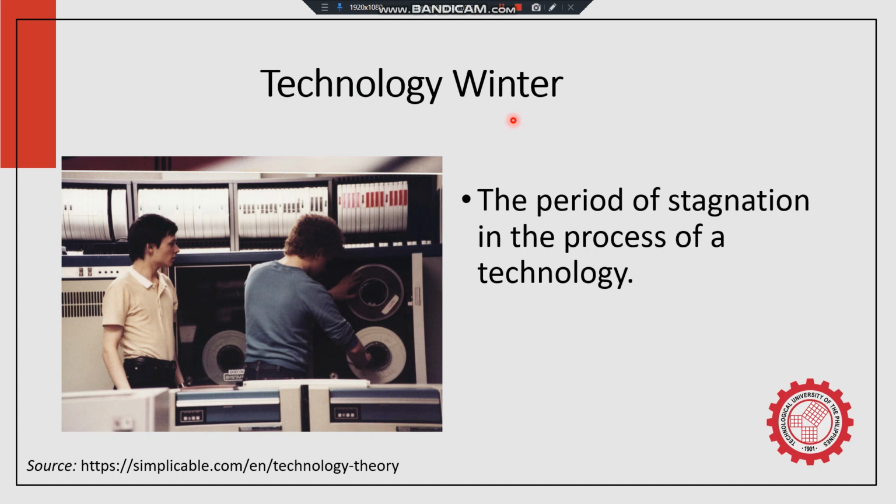so technology winter is the period of stagnation in the progress of a technology. So meaning stagnation, the development, the improvement in the technology has somewhat stopped, or not necessarily a total stop, but there's a very minimal improvement, even in its sales, maybe.